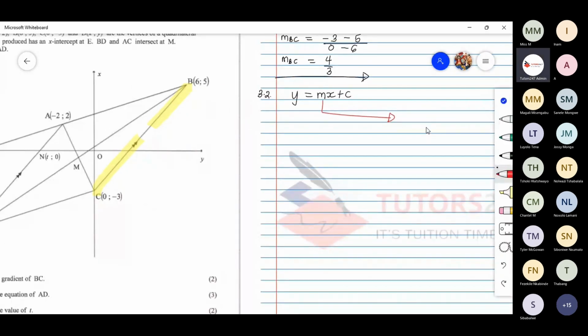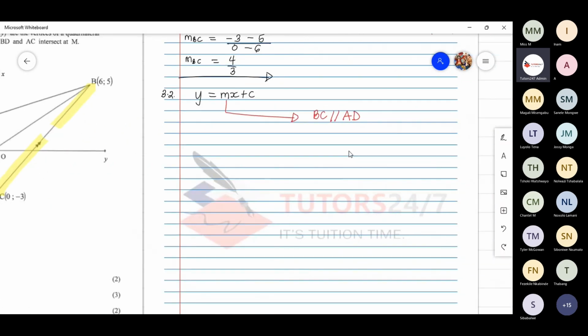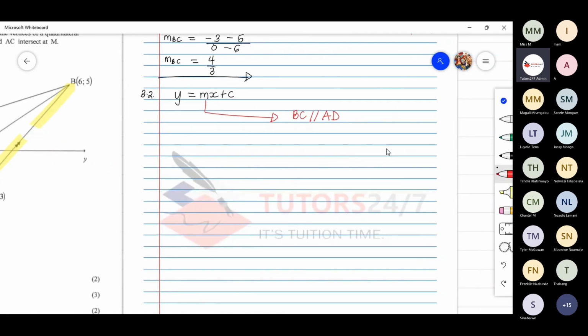Because line BC is parallel to AD, that means the gradient of AD is equal to the gradient of BC. And we previously calculated it as 4/3.